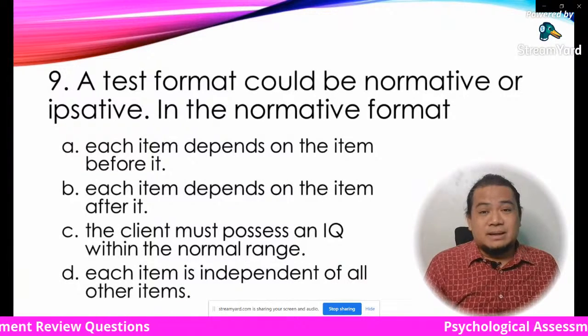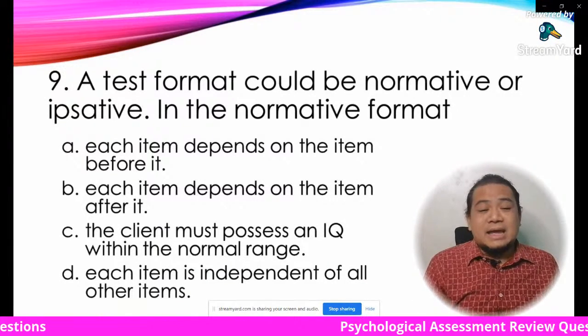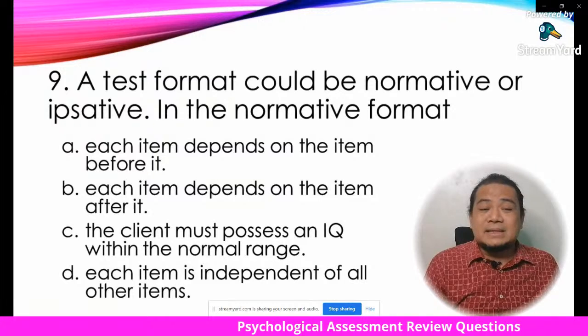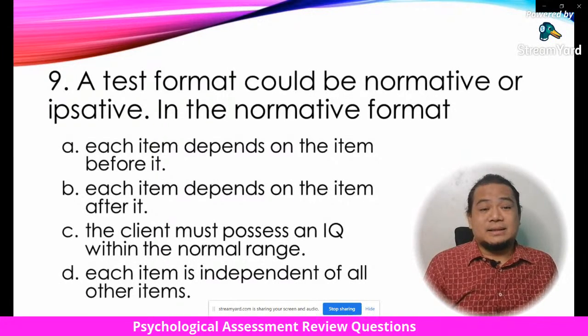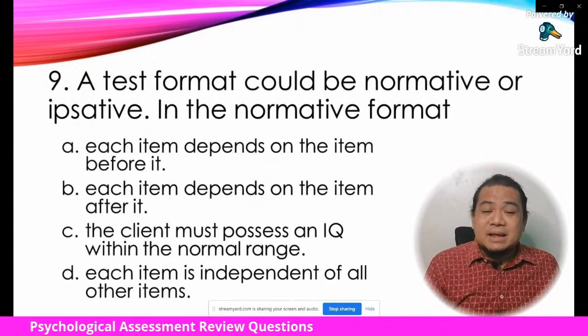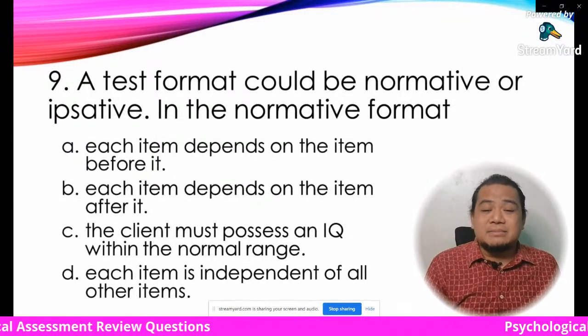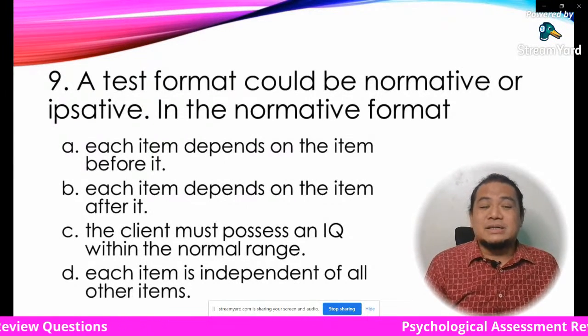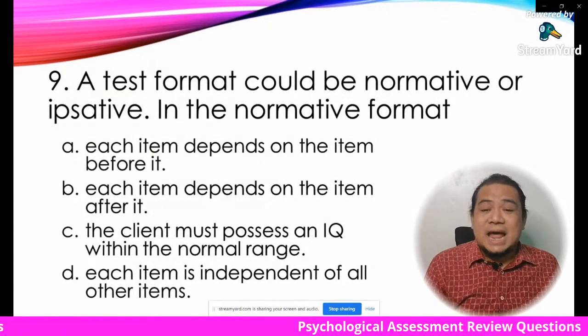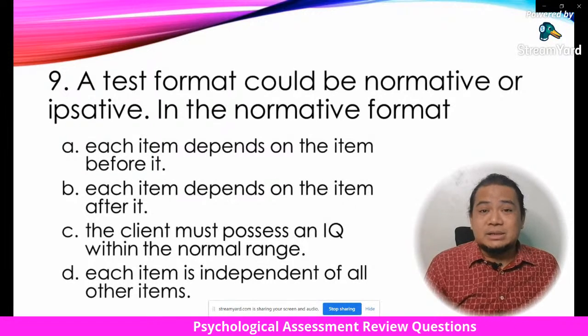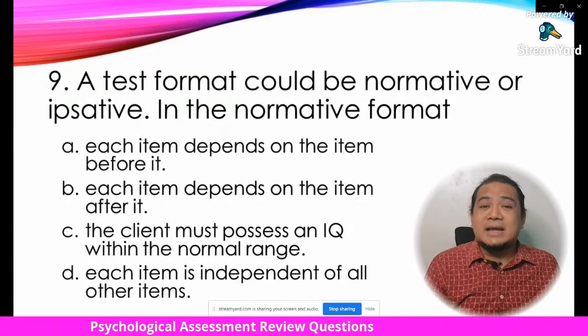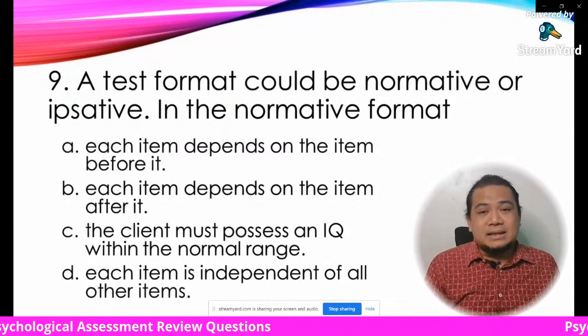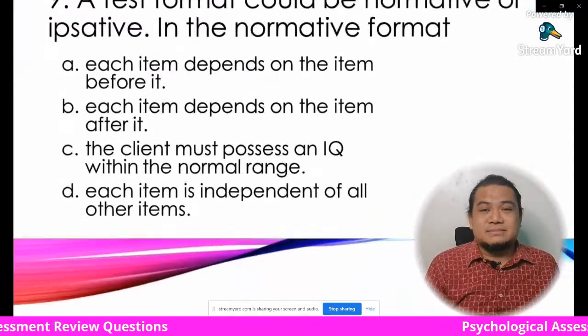Number 9. A test format could be normative or ipsative. In the normative format, letter A, each item depends on the item before it. B. Each item depends on the items after it. Or C. The client must possess an IQ within the normal range. Or D. Each item is independent of all other items.